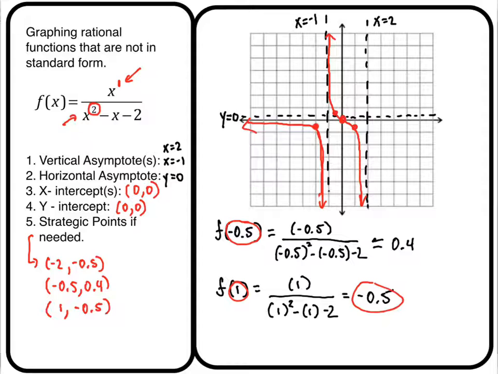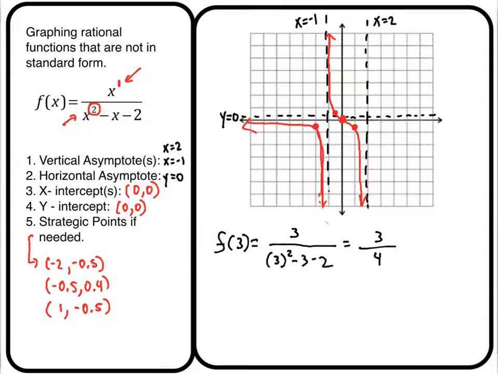And by the way, I picked this example on purpose because it has a lot of strategic points, so you're going to see the power of them, just being able to predict where the graph is going, in relationship to the asymptotes and the intercepts, if you have any. So, last thing to do is just check where the graph is going to exist to the right of the vertical asymptote x equals 2. So let's go ahead and check that out.